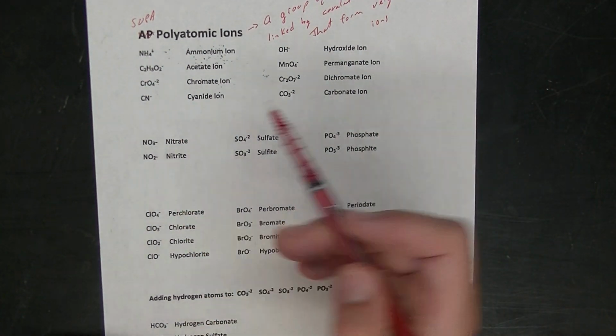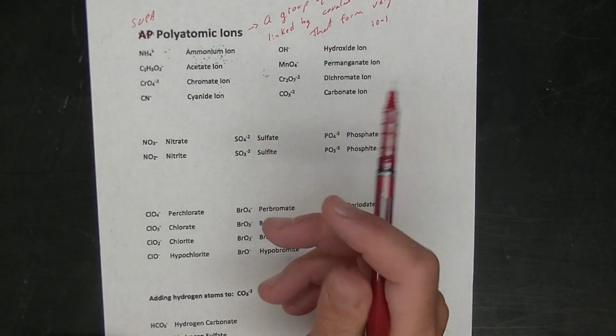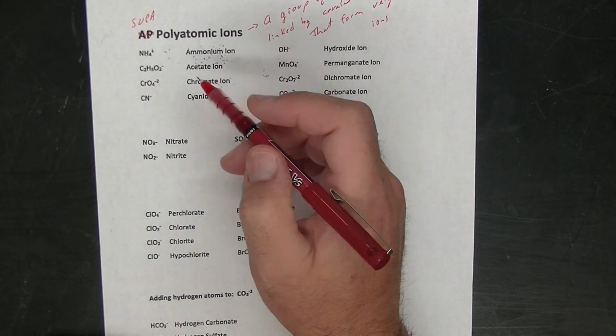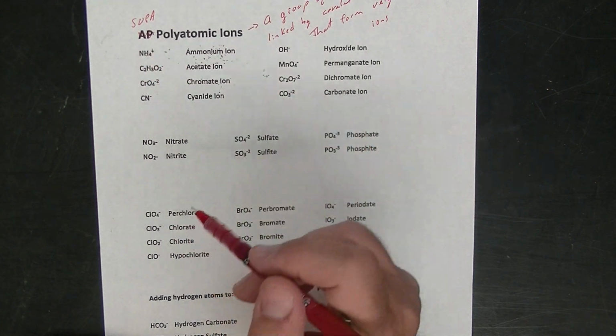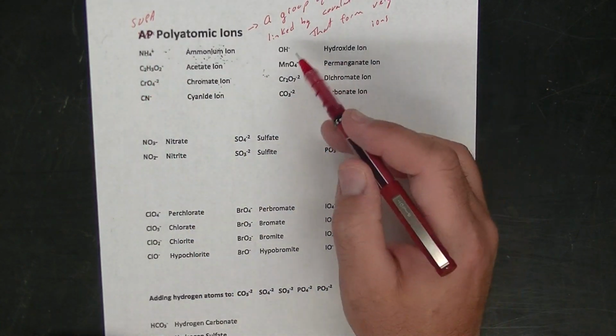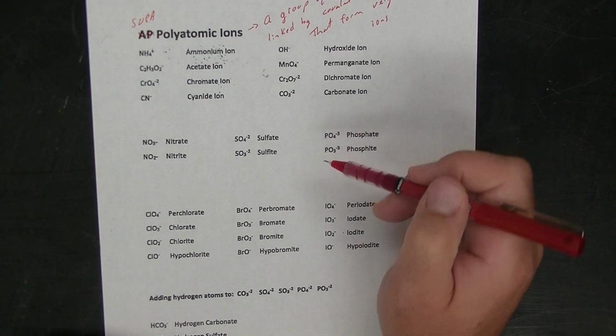Okay, so these different atoms come together, they link with those covalent bonds, and it forms a very stable ion. So once these come together, they're very difficult to pull apart.